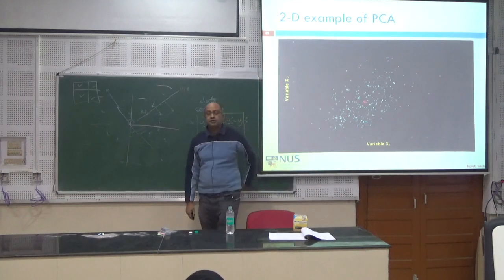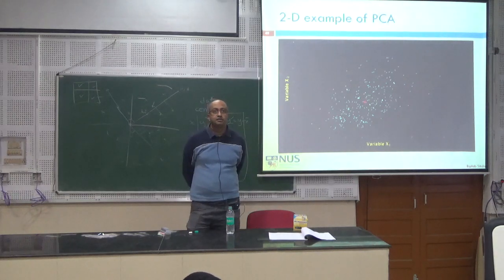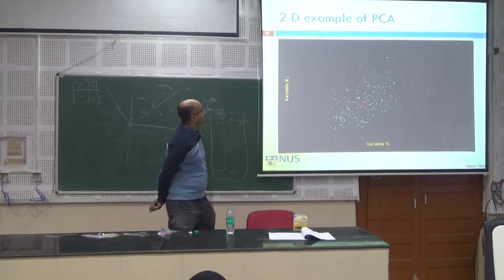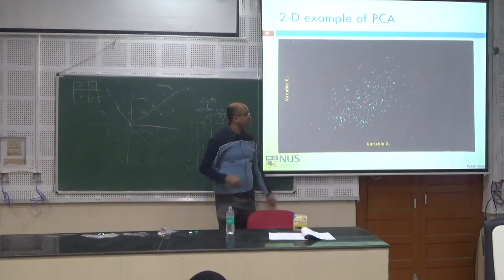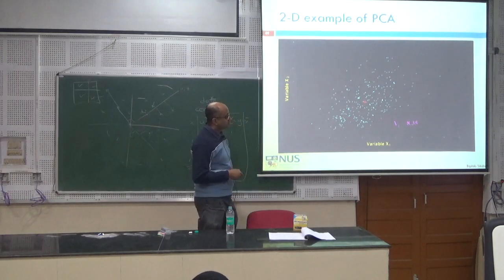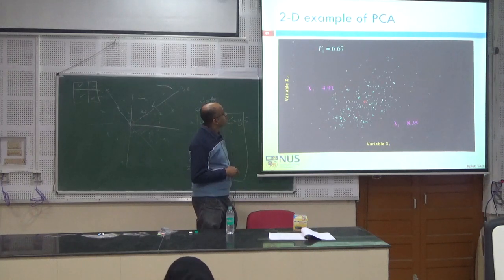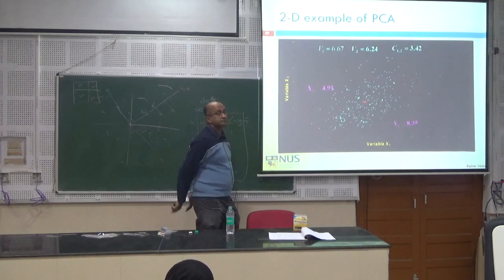So what is the first step of my algorithm? Subtract the means out. Right? So I will calculate the mean of x1 and the mean of x2, and subtract that out. The mean of x1 is 8.35, the mean of x2 is 4.91, and the variances are like this.